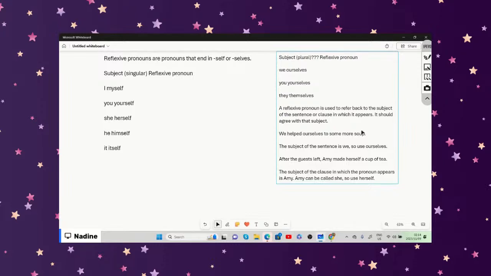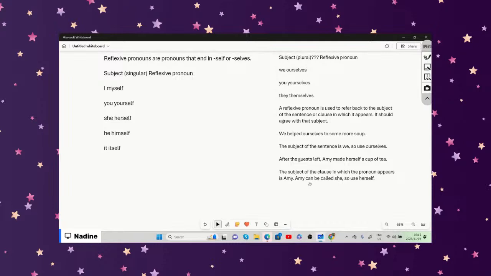If we say we helped ourselves to some soup, then it means that we are referring to more than one person. So ourselves gives us an indication that it is more than one person.